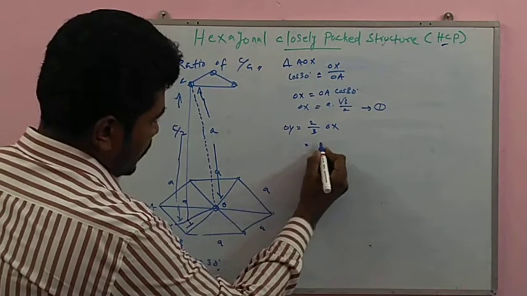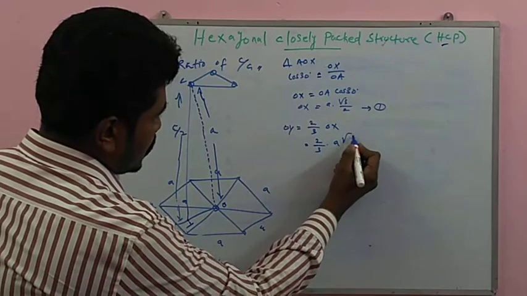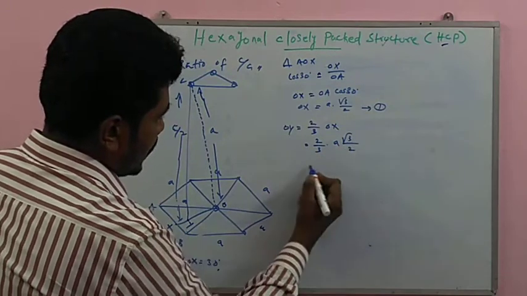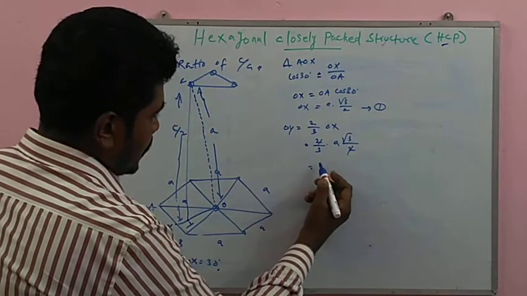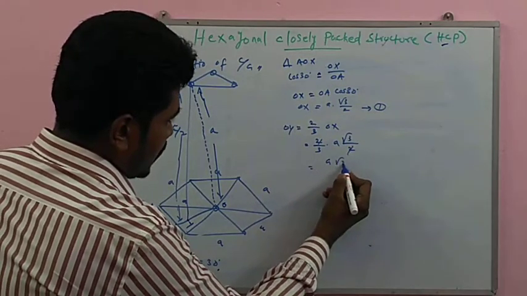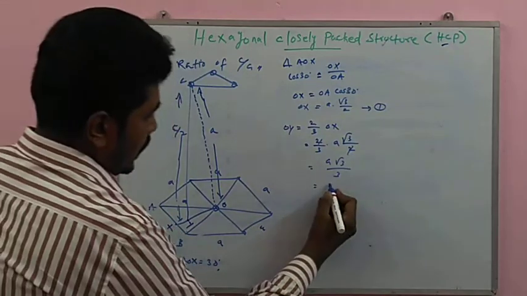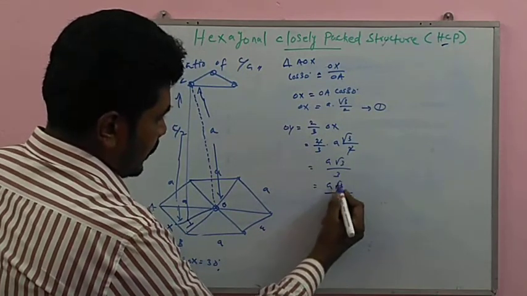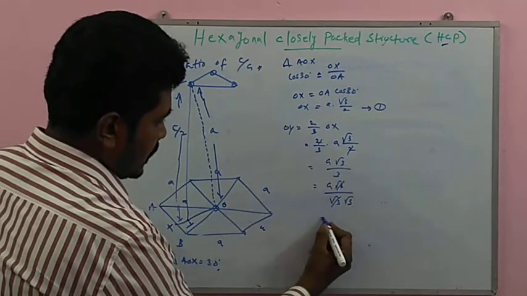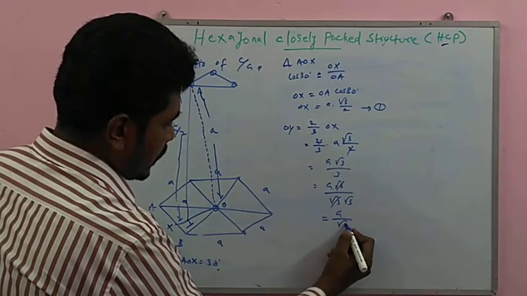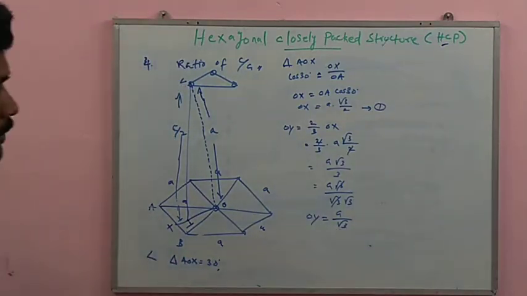So 2 by 3 into OX, where OX is equal to A into root 3 by 2. So the 2 cancels, and we get A root 3 by 3. Understand? So A into root 3, the 3 is equal to root 3 into root 3, and the root 3 cancels. Then A by root 3. That is the value for OY.